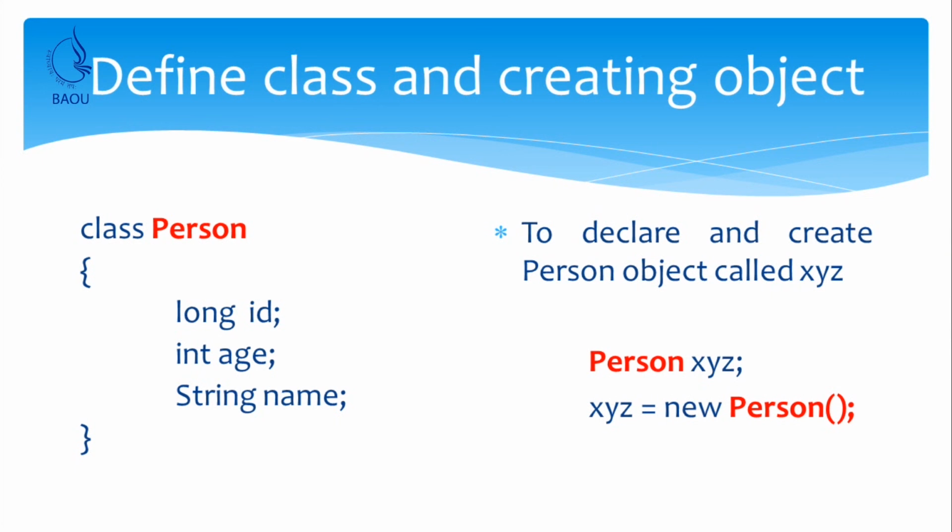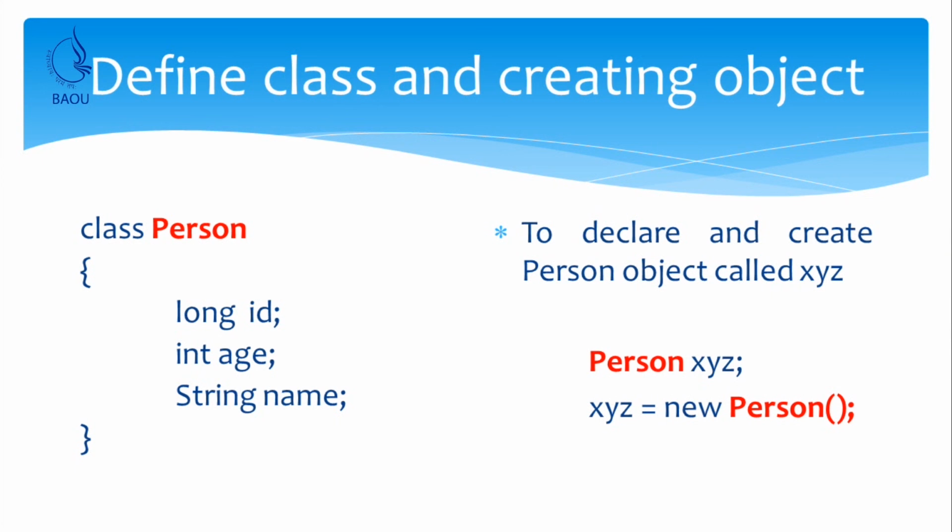So, to declare and create a person object called xyz, first we declare a person type object, person xyz. So, here xyz represents person. Now, initially xyz has no reference or no address, but whenever you allocate memory for xyz, you have to use the new operator.